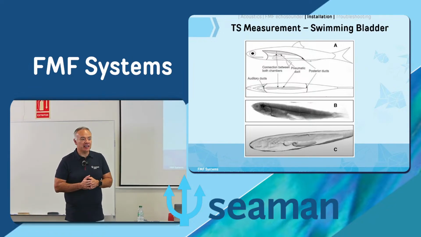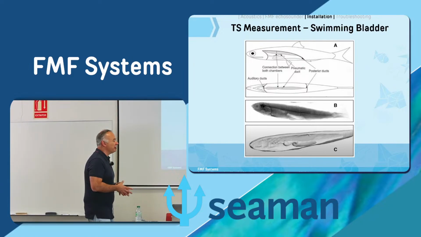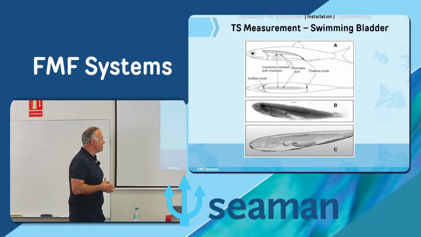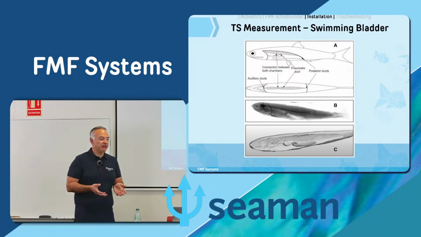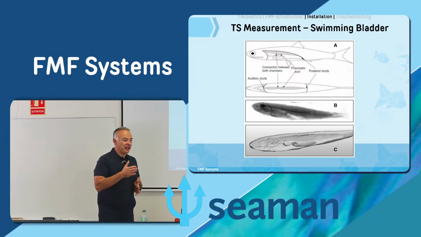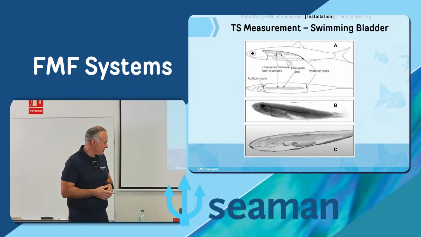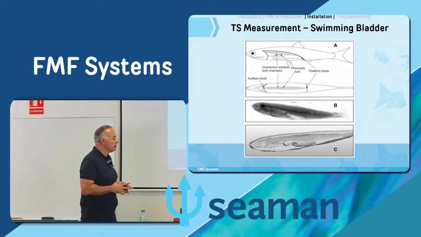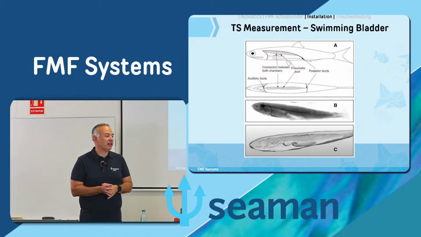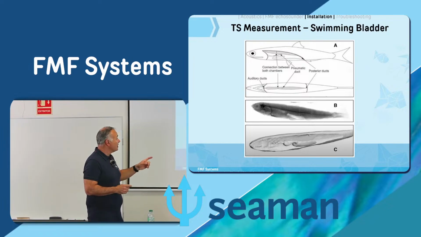As they inflate the swim bladder, they increase the buoyancy and they go up. And if they do it backwards, if they eliminate the gas, they compensate the pressure and they go down. So this is very important to understand, because if the fish has no swimming bladder, then the signal from that fish will be much lower.